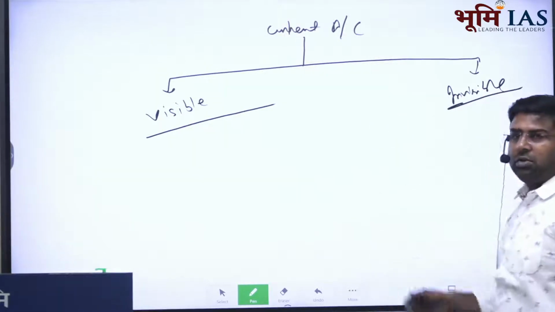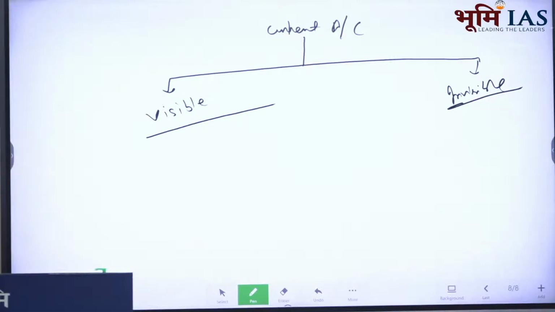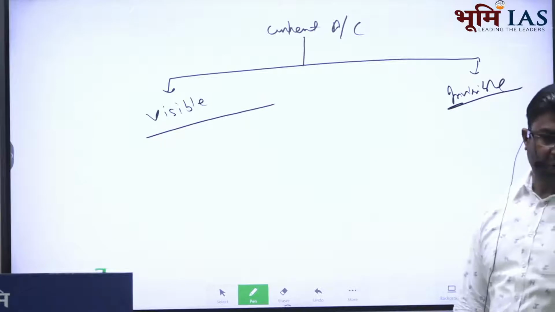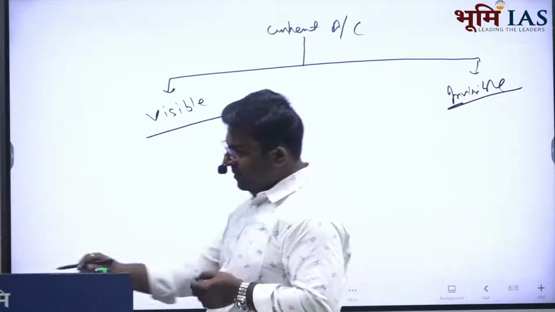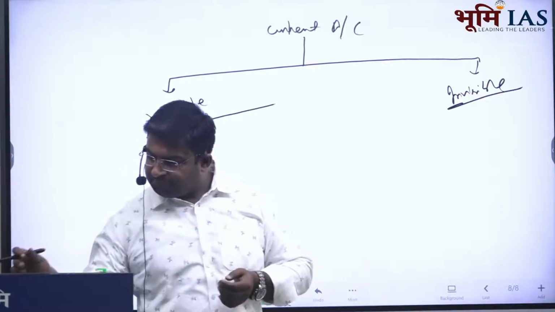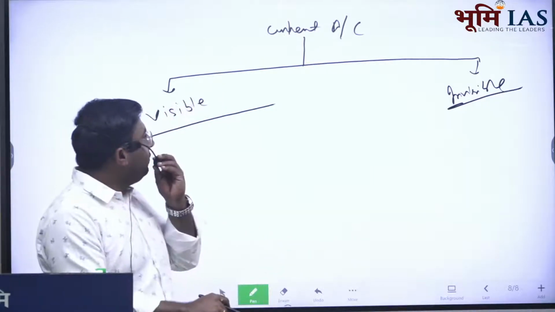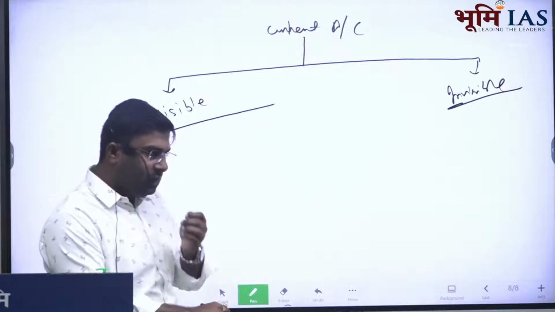Make a diagram like this. Further categorized as dash, and this diagram should be copied by you. Visible and invisible.